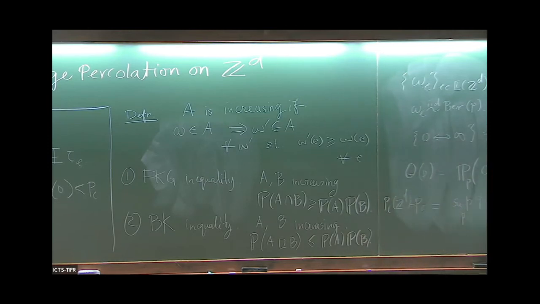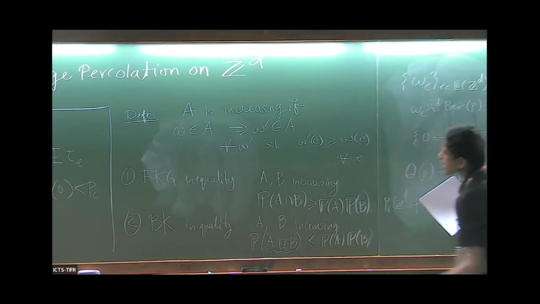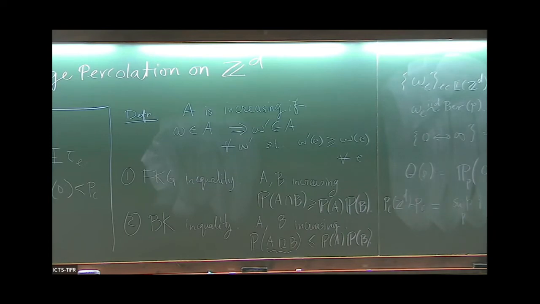So this A square B here is what is called the disjoint occurrence of A and B. I have two events A and B, then A square B, the disjoint occurrence of A and B, is basically the event, and I'm not going to write down the exact definition, that you can find disjoint subsets of edges such that A can be verified by looking at the configuration in one, whereas B can be verified by looking at the configuration in the other.